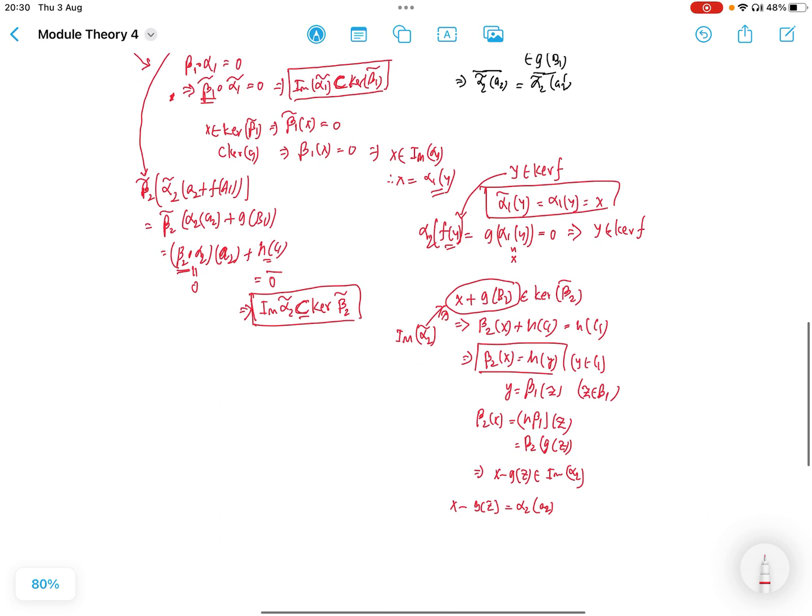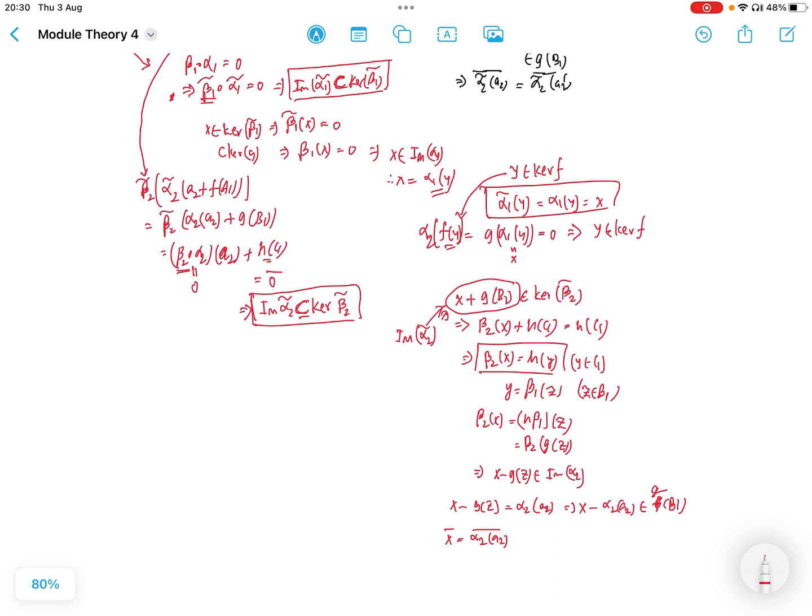But then, the class of x is the same as the class of this element inside the co-kernel of G, because x minus this alpha 2 of A2 is inside the image of G, right?